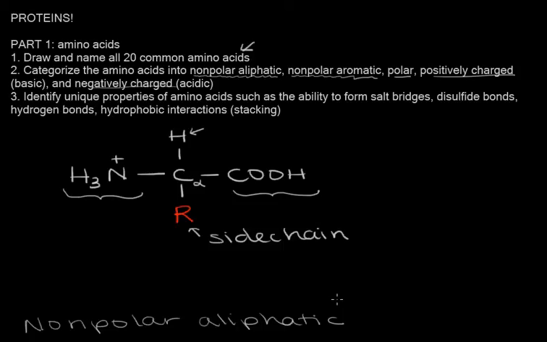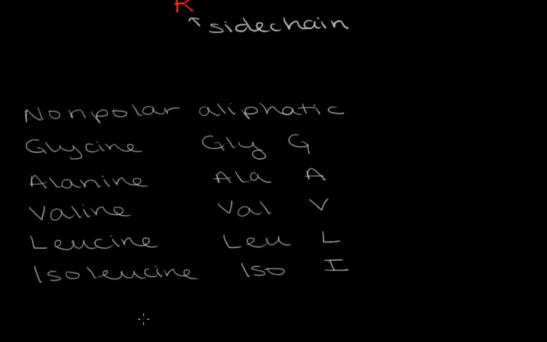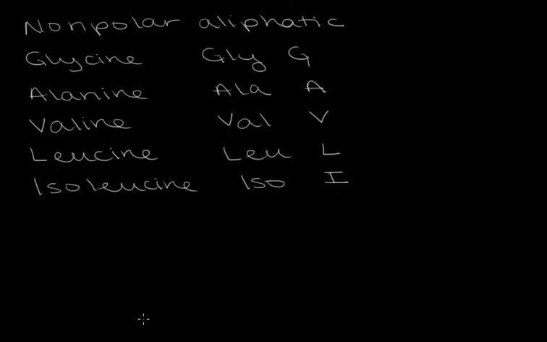Okay, so the first group of amino acids that we're going to talk about are the nonpolar aliphatic. So what this really means is that these side chains have carbons and hydrogens, and that's it. So that's what nonpolar aliphatic means. Aliphatic just means that it's not aromatic.